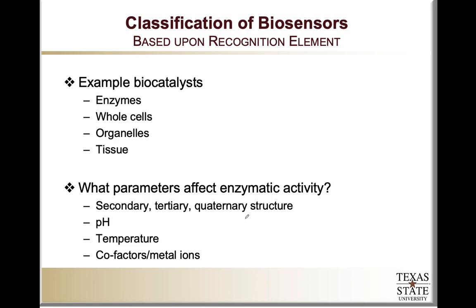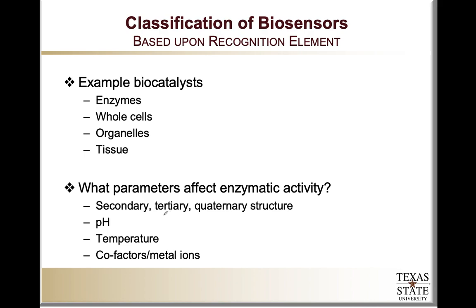The secondary structure of a protein, including an enzyme, is basically local structures that are due to the interaction of parts of the polypeptide chain, typically through hydrogen bonding, and they lead to the formation of alpha helices and beta pleated sheets.